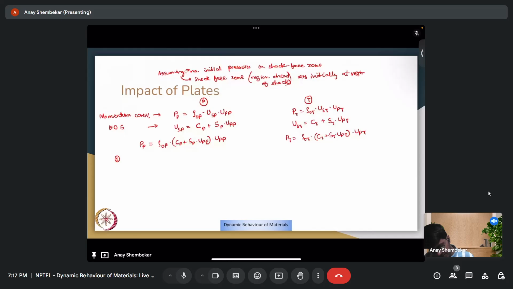So the first condition gives us V minus UP projectile is equal to UP target, right?